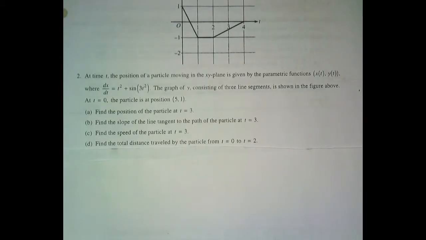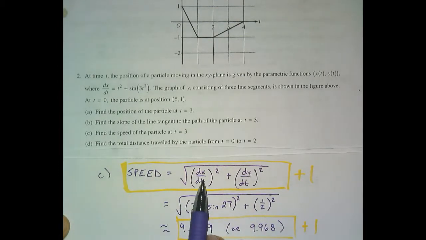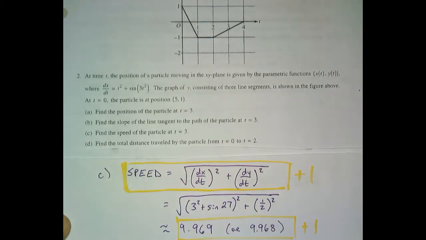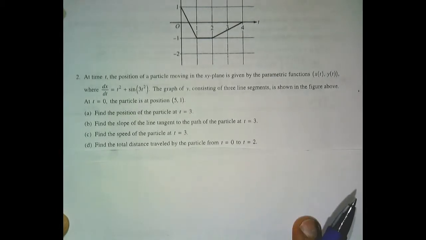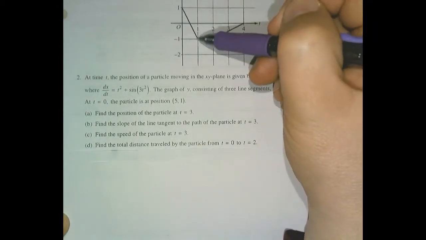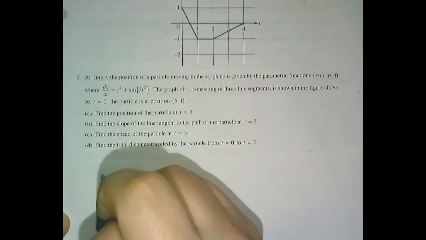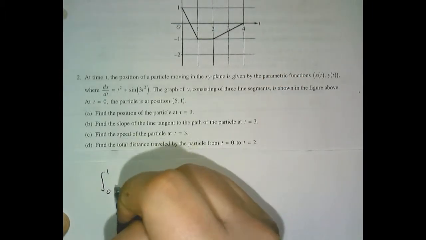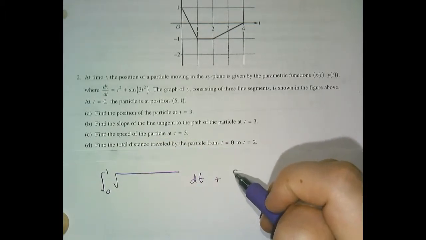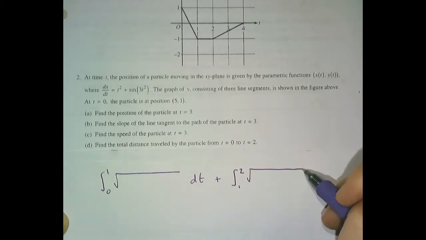Okay, moving on to part D. Speed, we learned in part C, is this expression, and total distance we also talked about in part C as being the integral of this. Now, if we do that on the interval 0 to 2, our dy dt is different between 0 to 1 as it is from 1 to 2. So we actually need to set up two different integrals because our dy dt changes based on those two intervals.